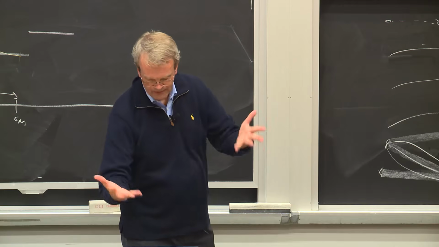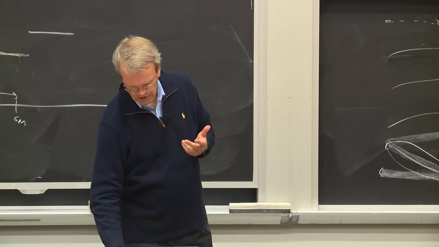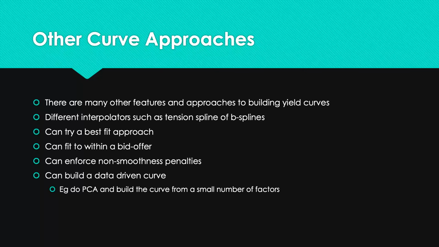Okay, so I said we can make a hybrid curve, and this works pretty well. There's lots of other stuff in curves, and this is still a very active area of research. There are other features that you sometimes want to account for, for example, turns. There's an interesting feature where some dates are significant accounting dates.